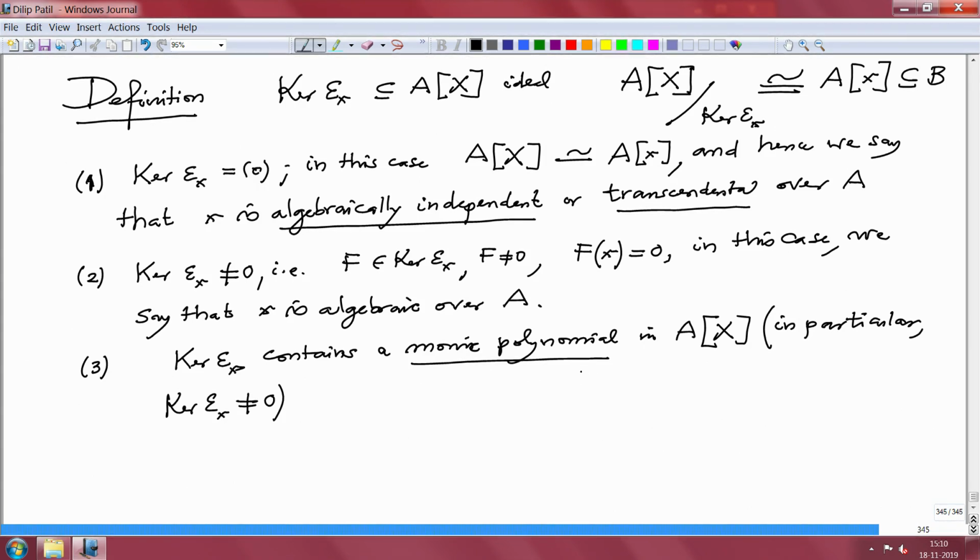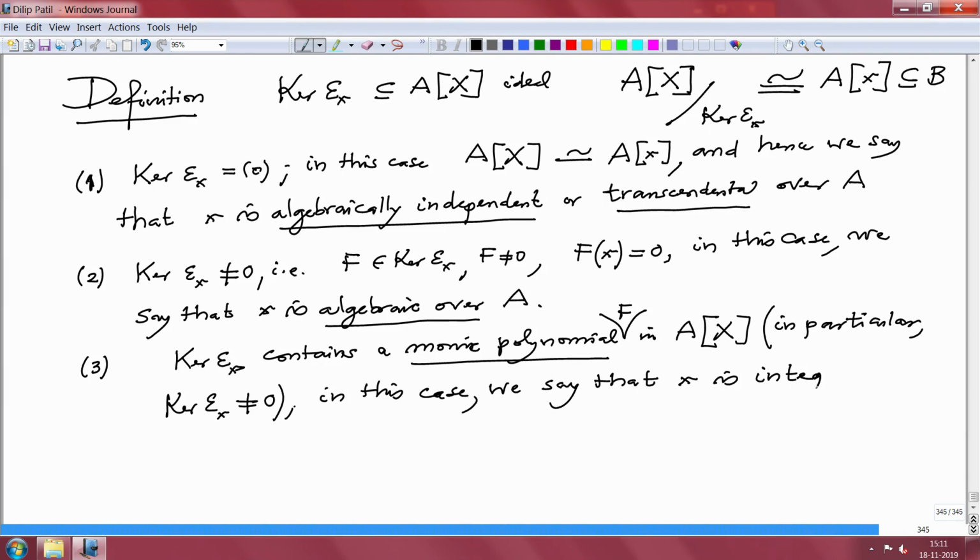Here the kernel contains a monic polynomial. Let me give a name to that monic polynomial f. In this case we say that x is integral over A.